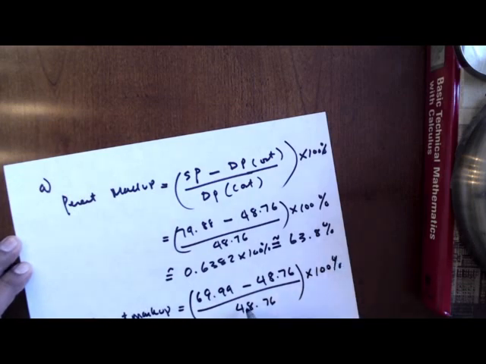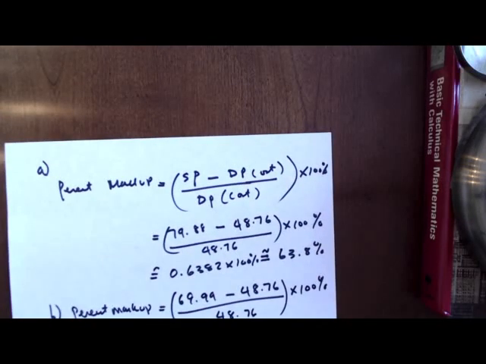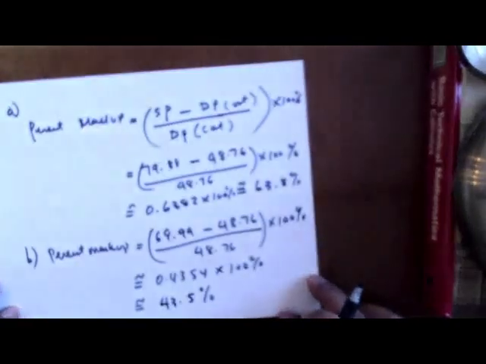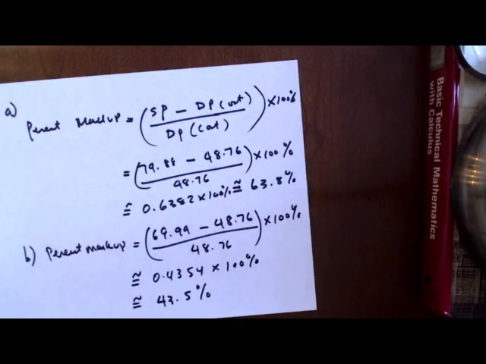If you do the arithmetic here, we'll get about 0.4354 times 100%, and so this is about 43.5%.